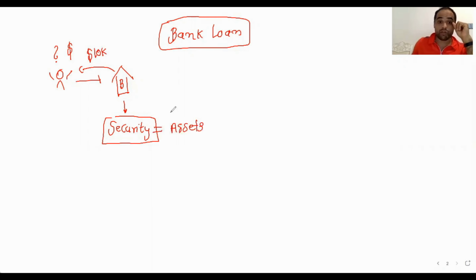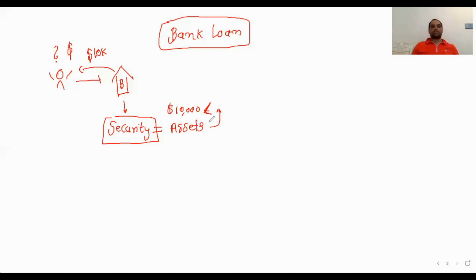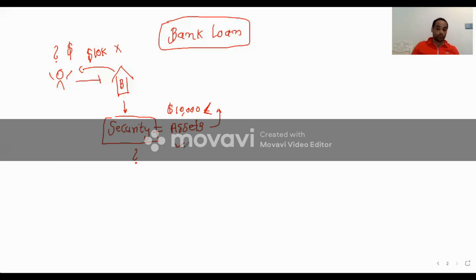The bank needs assets from your side whose value is more than $10,000. Why does the bank need that security? In case you do not return this $10,000 to the bank, the bank will take the assets from you to recover this $10,000, because the value of the asset is more than $10,000.